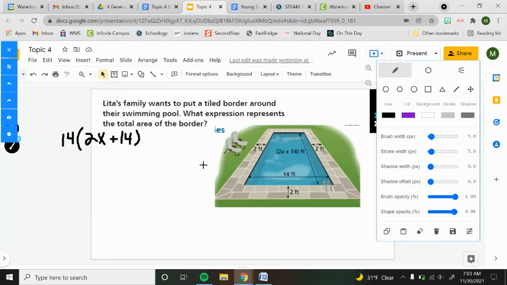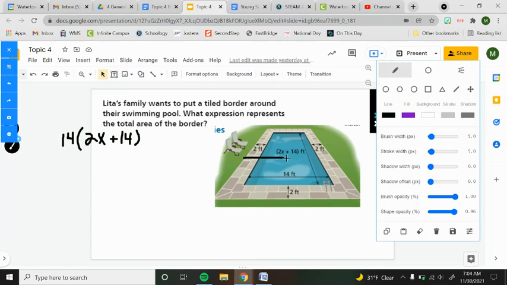Now I'm going to look at the length of the pool with the border around it, with the cement border. Okay, notice that there's 2 feet on either side. So if I were to extend this whole guy across, I'd end up with 2x plus 14 plus 2 plus 2.